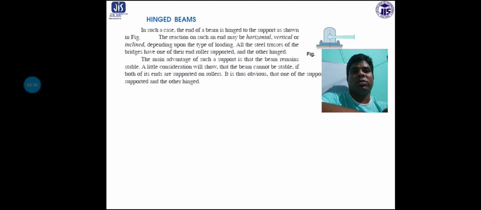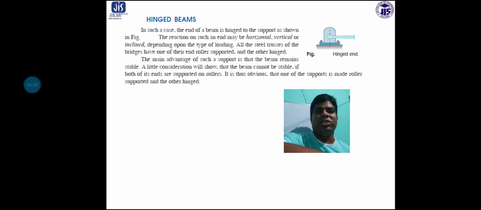Now the next point is the hinged beam, and this is a special type of beam. This type of beam is hinged to the support as shown in the figure, and the reaction on such an end may be horizontal, vertical or inclined depending upon the type of loading. All the steel trusses of the bridges have one of their ends roller supported and the other hinged.